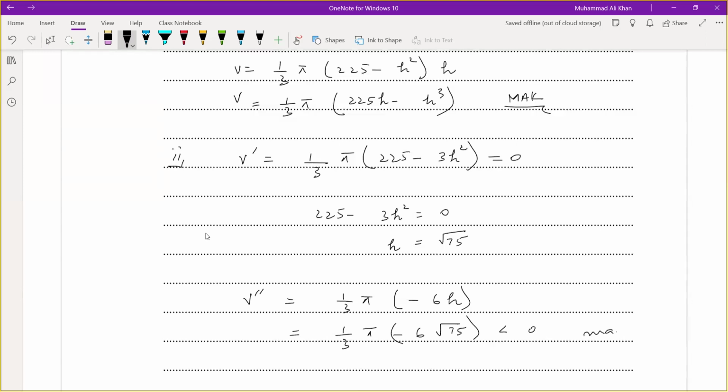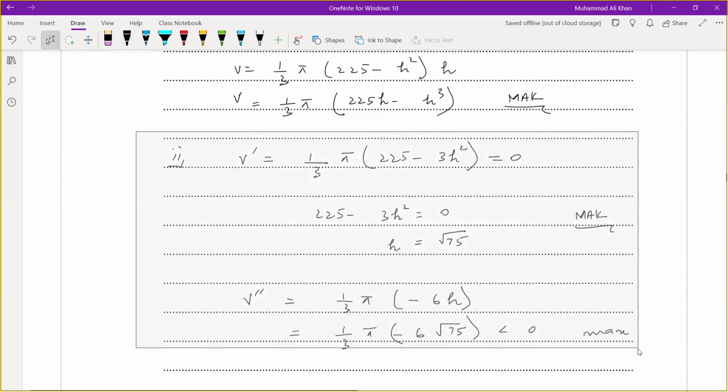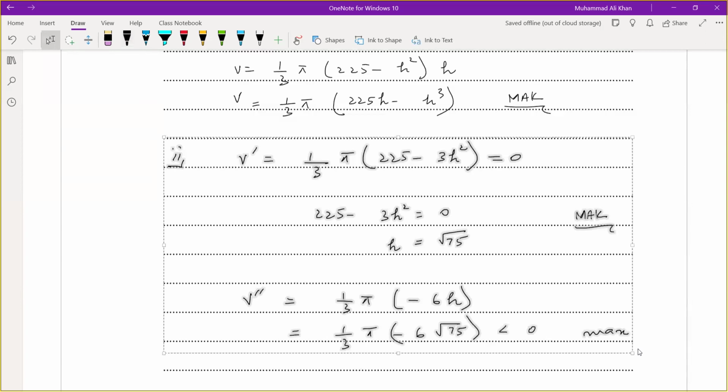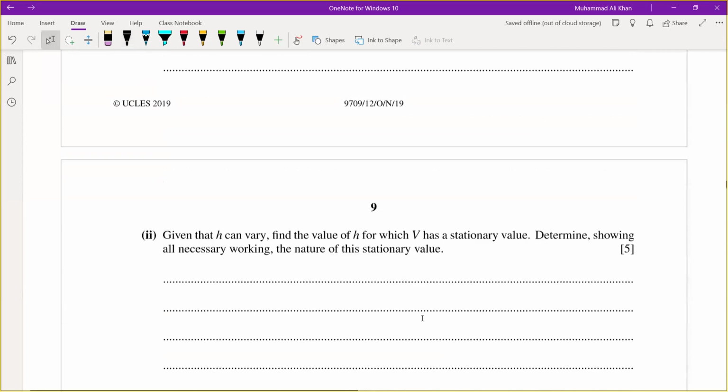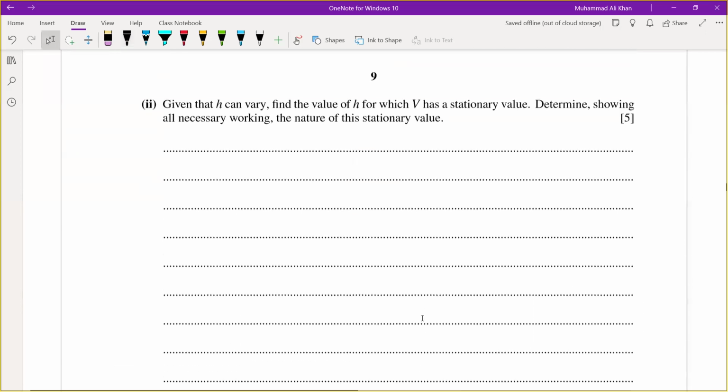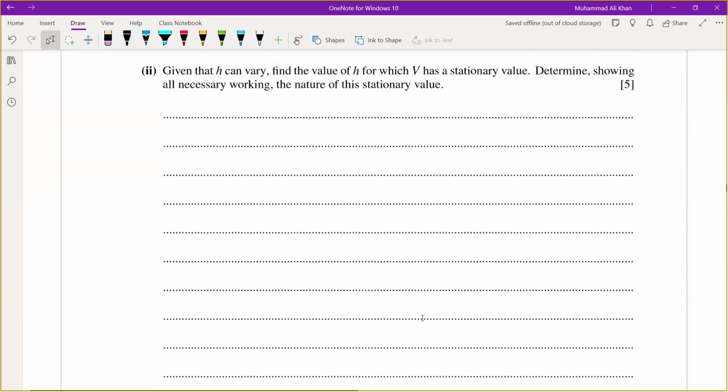So it means it has the maximum nature, right? So this we have to do in the second part. First we have to calculate the value of height, and after that, at that height, the nature of the stationary value.